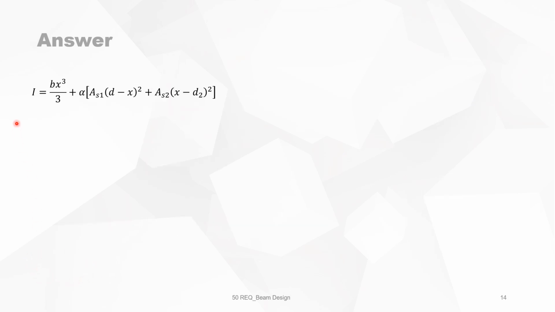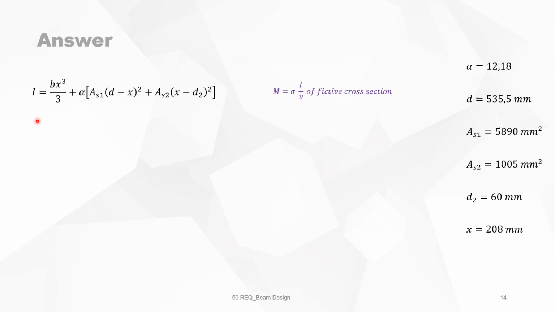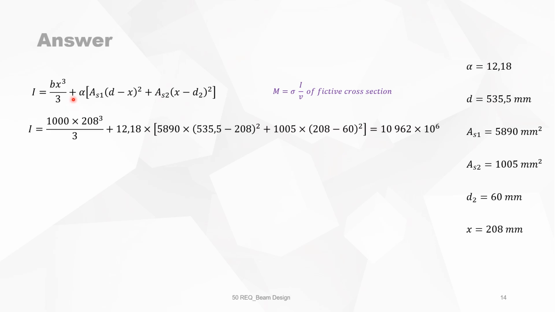The surface moment of inertia of the fictive cross-section, we recalculated this time with alpha equal to the value that we had on the previous slide, alpha equals 12.18. Substituting for all the variables gives us this value as surface moment of inertia.